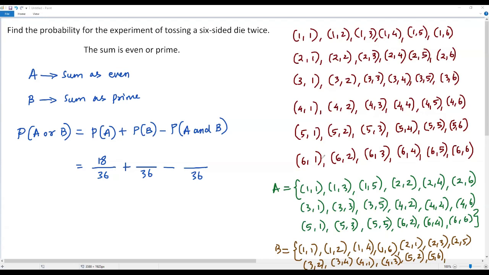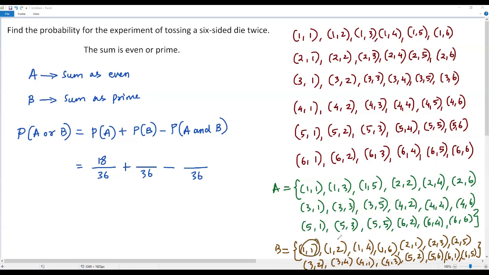Okay, 6 comma 1, 6 plus 1 is 7, 7 is a prime number, you can consider 6 comma 1. And 6 comma 2, 6 plus 2 is 8, 8 is a composite, 6 plus 3 is 9, 6 plus 4 is 10, 6 plus 5 is 11, 6 comma 5 can be considered because 11 is a prime number.